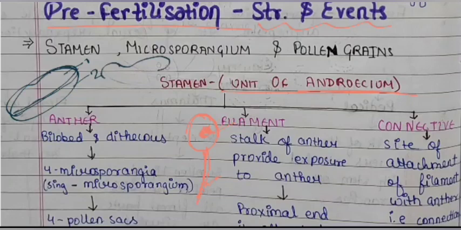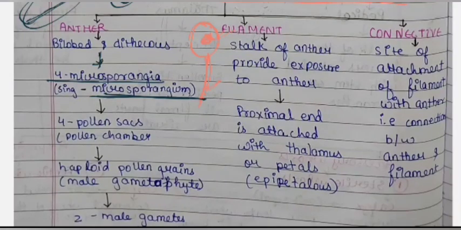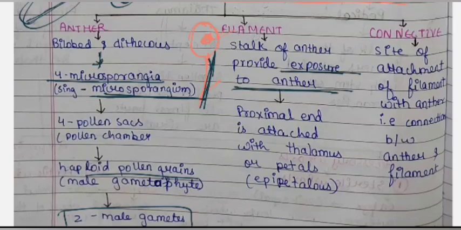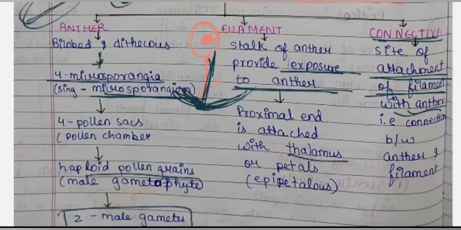So this is the diagram of the theca from inside. Here is the microsporangium in each theca, which consists of pollen sacs, one in each. Basically it forms haploid pollen grains, or we can say the male gametes. The filament is the stalk-like structure which provides exposure to the anther. Its proximal part is attached to the thalamus. The connective tissue is the site of attachment of the filament with the anther.